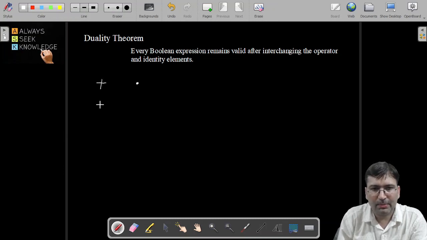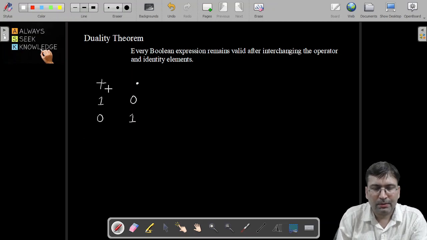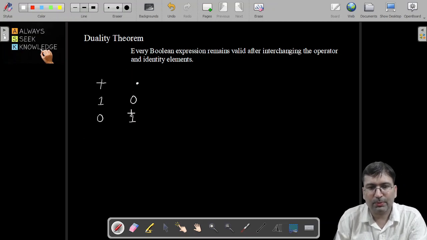And for identity elements, if one is there, the identity element for one is 0, and for 0 the identity element will be 1, right? So in any given Boolean expression, if we interchange the operators as well as the identity elements, the Boolean expression or equation will remain valid. So let's see it quickly.